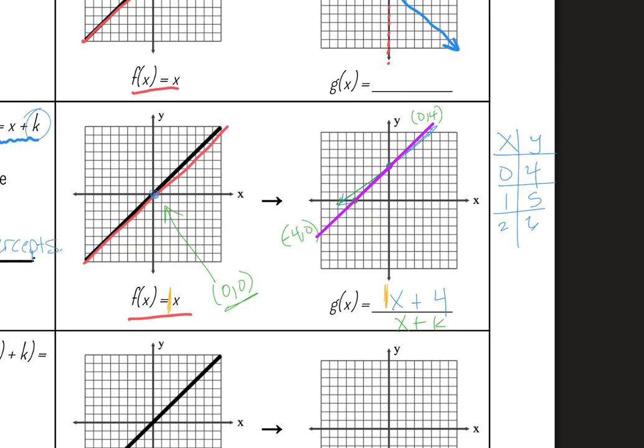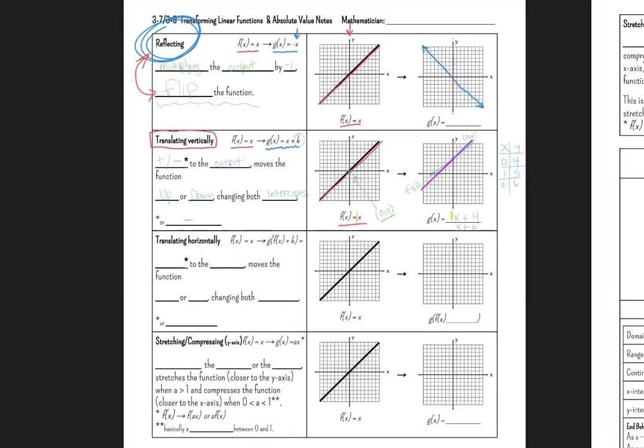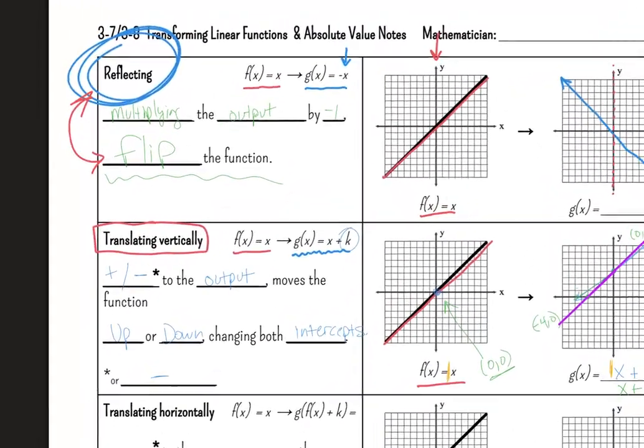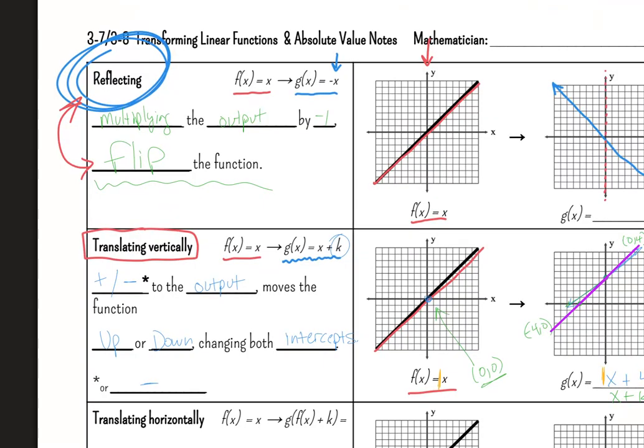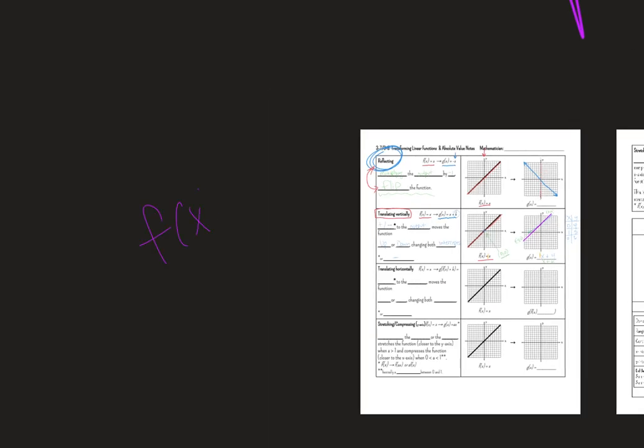Like that, yeah? Cool. And then one thing I want to point out is this right here, output. You might be thinking, okay, well, I'm not really sure what he means by, you multiply the output or you add or subtract to the output. Well, if you have f of x, that is your output.